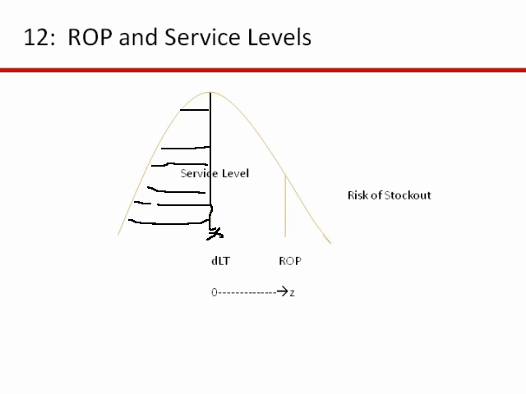Now, usually that's unsatisfactory to many companies. They want to offer, for instance, a 95% service level, which means 95% of the time they're going to be able to serve an order, an unexpected order. So what they'll do is they'll have a reorder point that is higher than the expected level.